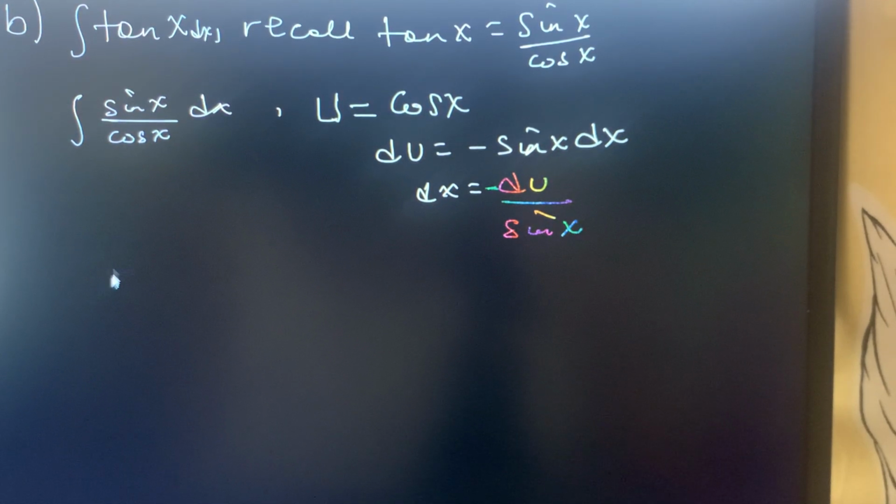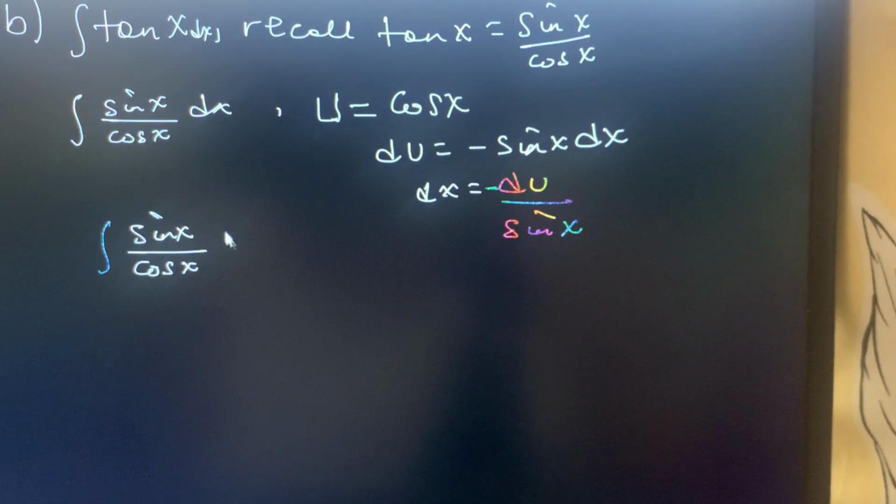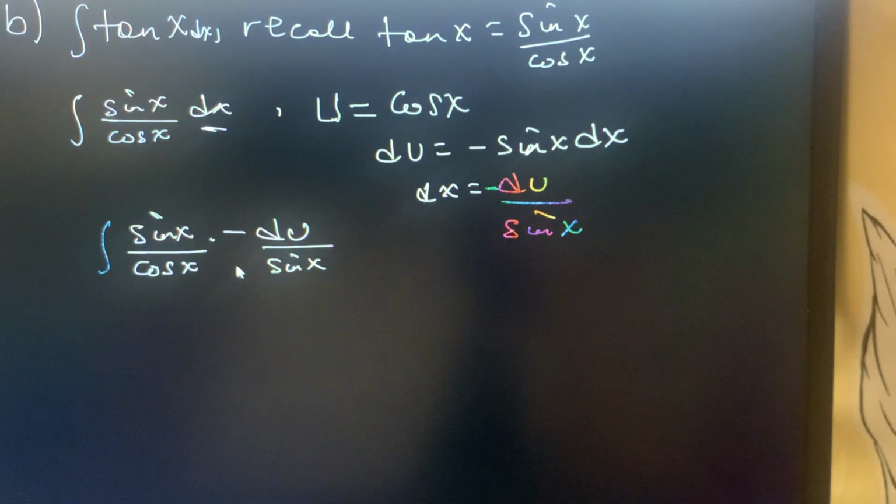Now as usual I have everything to substitute into my integral. The integral of sine x over cos x, and then dx is minus du over sine x. Instead of this dx I substitute negative du over sine x.